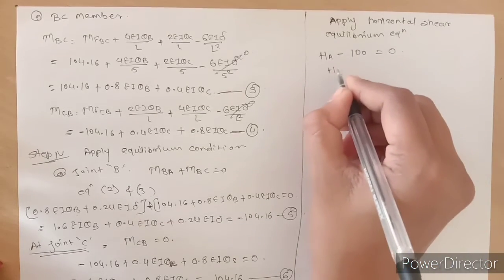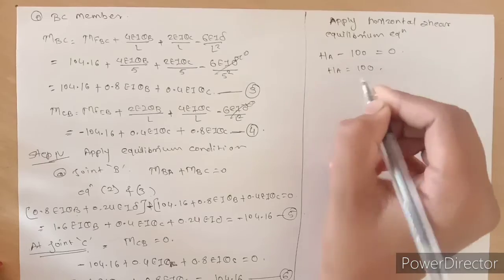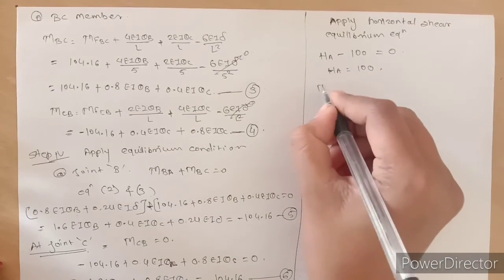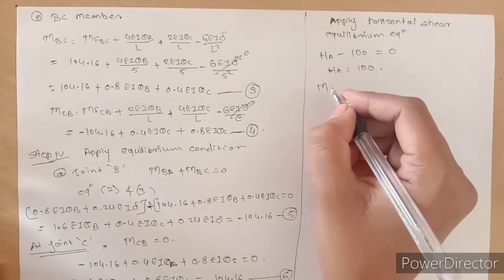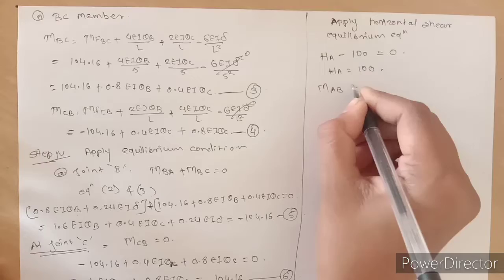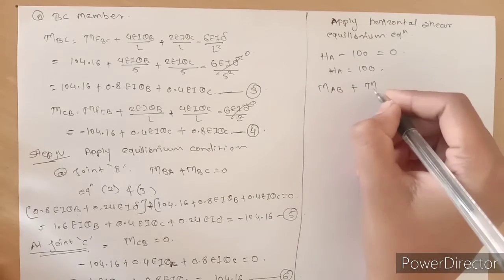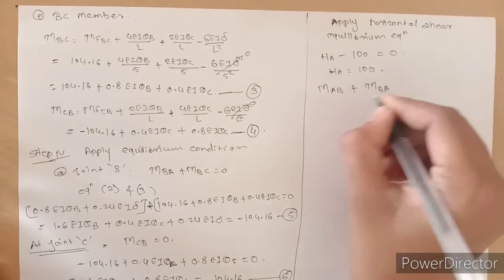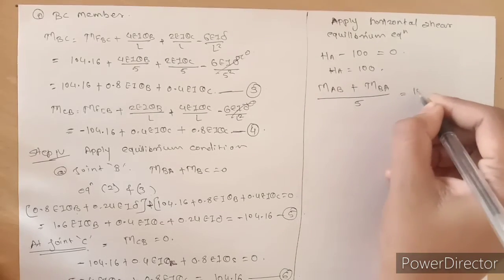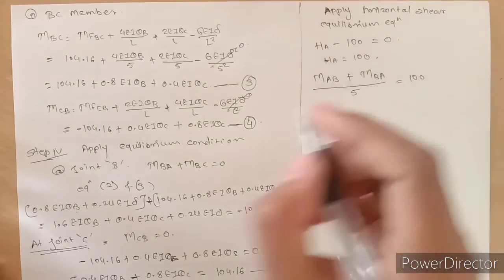That is HA is equal to 100. The formula is: slope deflection equation at member AB plus slope deflection equation at member BA, divided by the length of 5 meter, equal to 100.